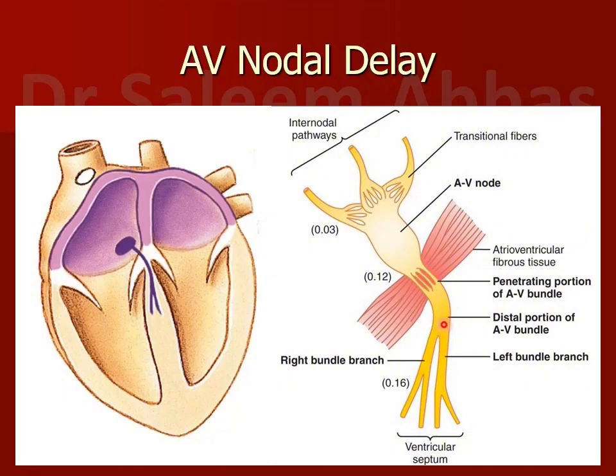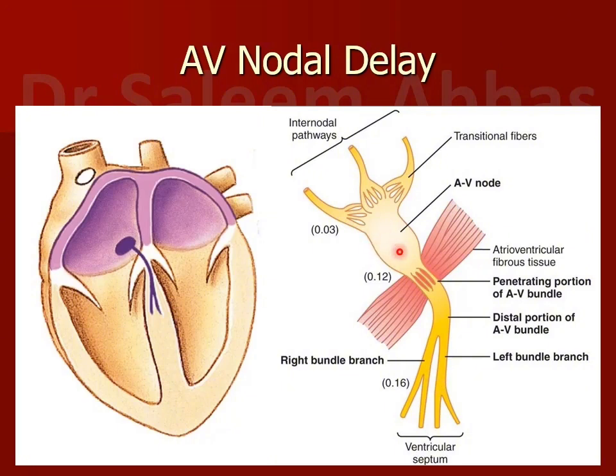If you add 0.13 to 0.03, you get 0.16. So the impulse takes about 0.16 second to reach the right and left bundle branches in the interventricular septum.